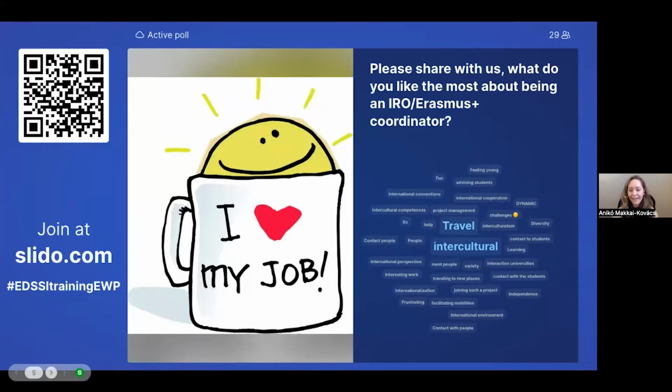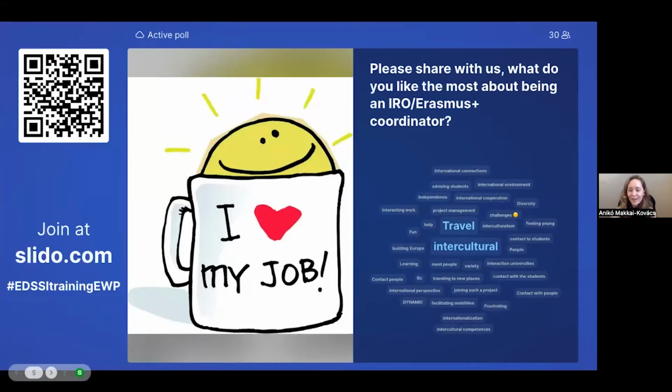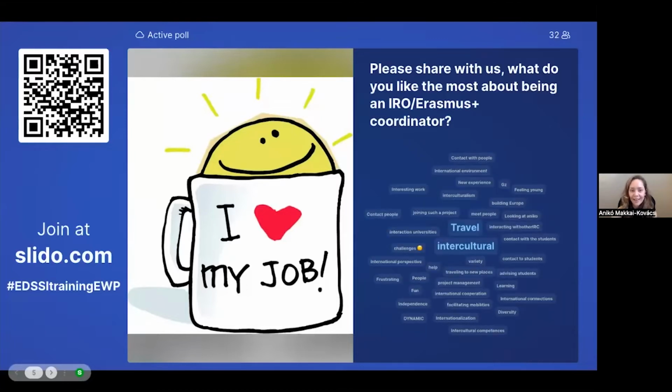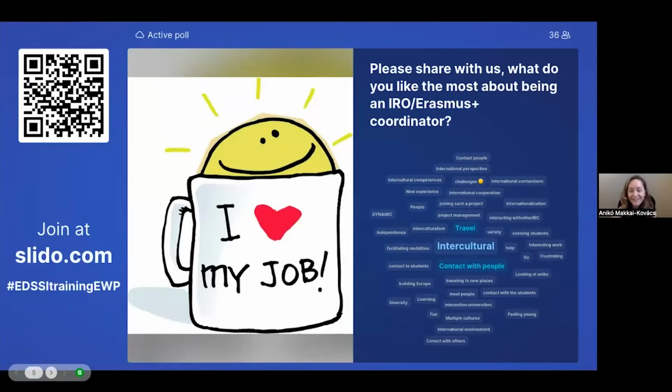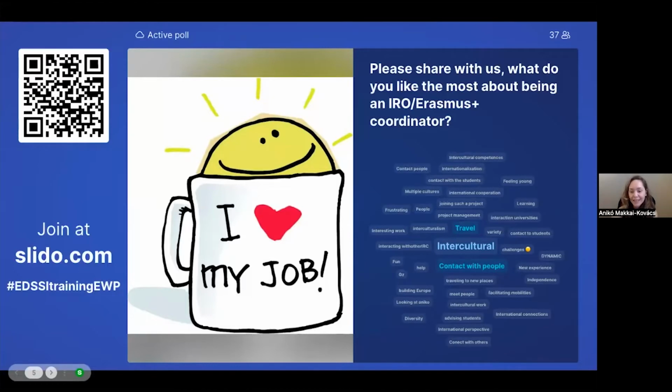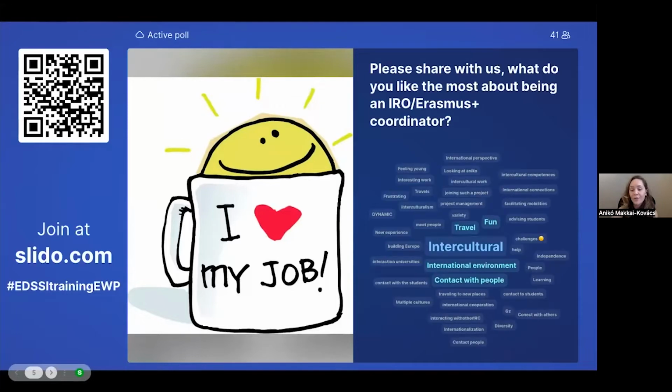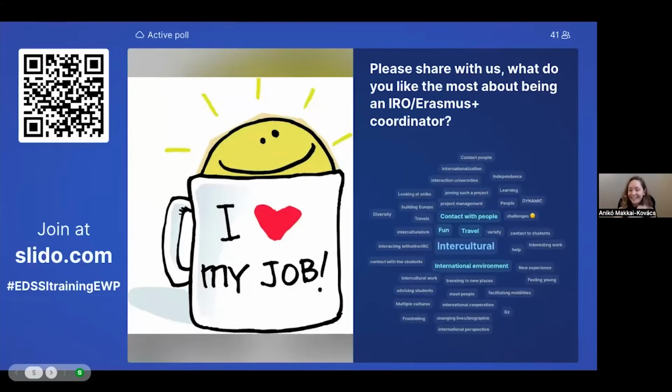Oh, okay. So travel is so far the largest one. You all like that this is intercultural. Okay, that you can meet people, that there are many challenges. Okay, we like those as well. You can contact a lot of people, travel new places, the international intercultural perspective, the diversity, feeling young. Yeah, I vote for that as well.